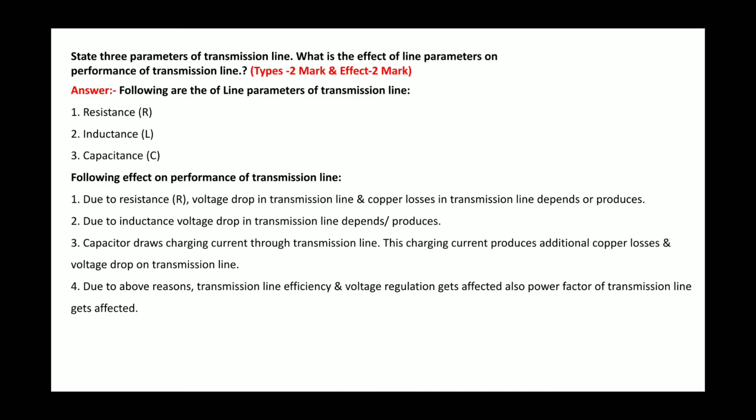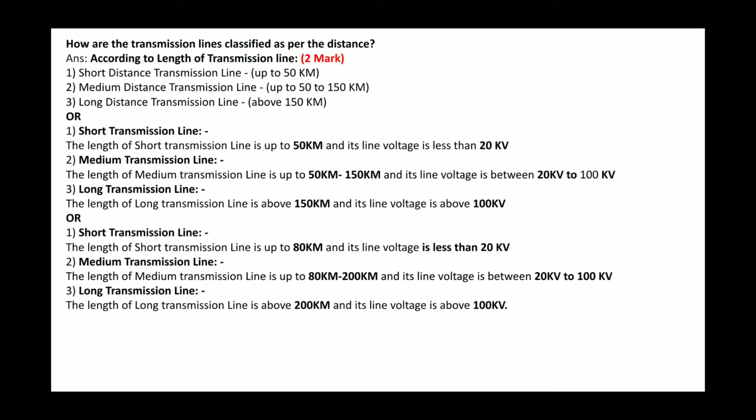Okay. This question is always asked in the exam for 4 marks. The next: how are transmission lines classified as per the distance or as per the voltage? This point we already discussed in unit number 1.